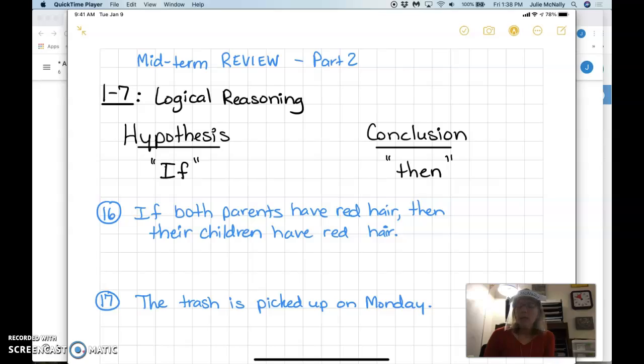Okay. This is logical reasoning. So remember, you have a hypothesis and a conclusion. Your hypothesis is the if part of the sentence, and your conclusion is the then part of the sentence. So when you see number 16, the directions are identify the hypothesis and the conclusion of each sentence. So that's what we're going to do for 16.